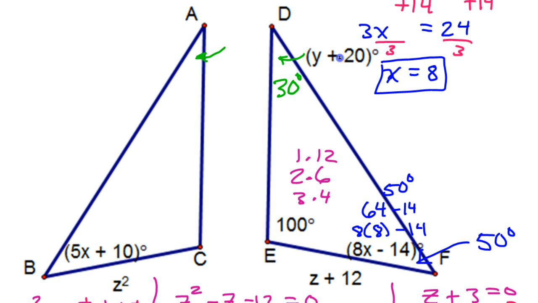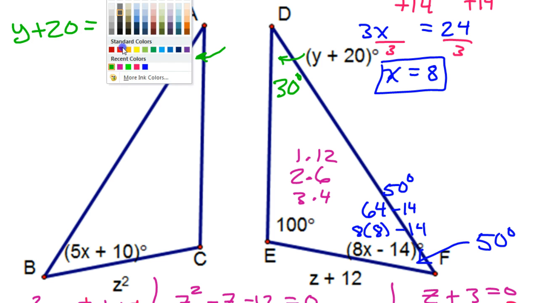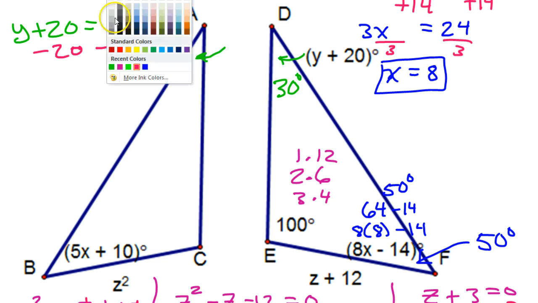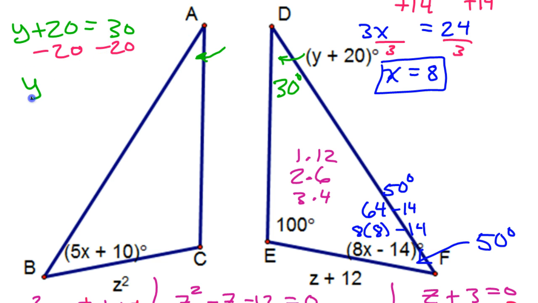So that's the expression for y plus 20. So these two have to be the same thing. In other words, y plus 20 has to equal 30. So when you subtract 20 from both sides, you get y equals 10.